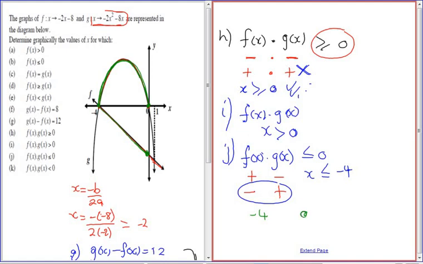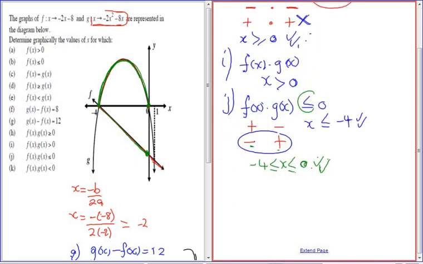Our solution is right in the middle of those two. So we are going to include our roots because the question asked for us to include. What do we need here? For f(x) to be negative while this one is positive, we managed to get this solution right here. So this is also a solution, and also that one is a solution for j. Not a very easy skill to have, but I hope you're getting something out of this.